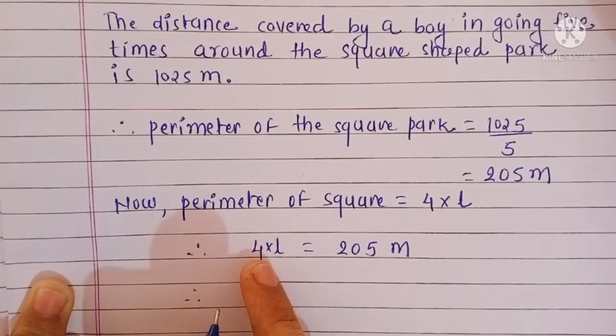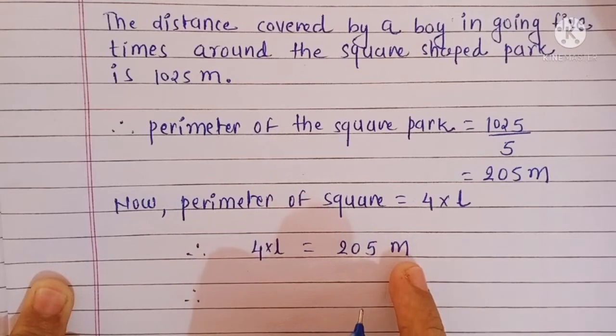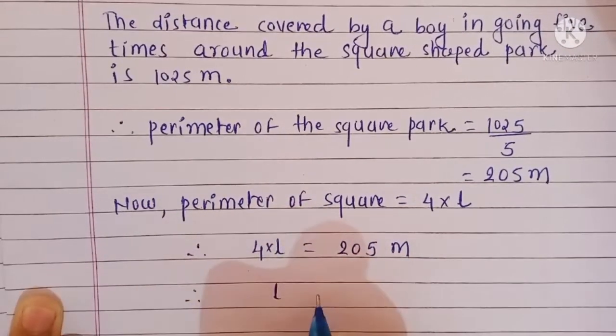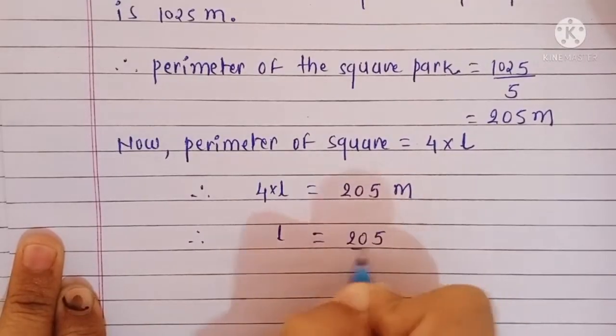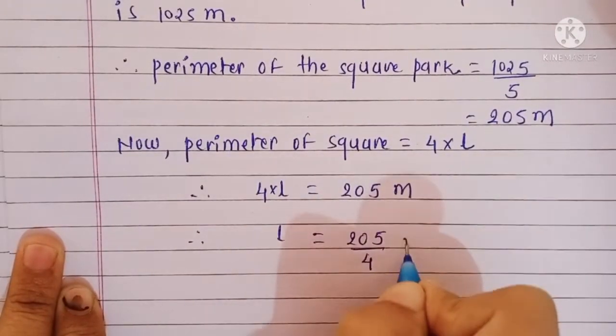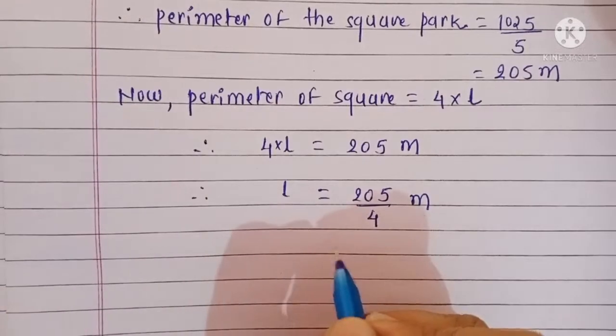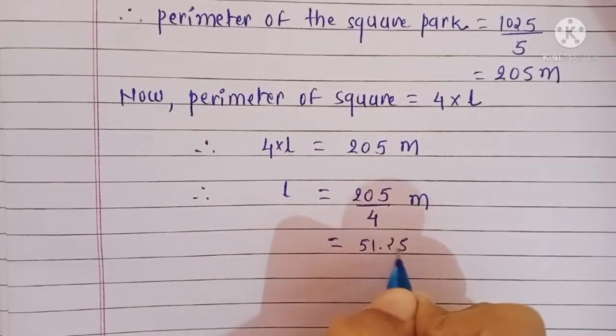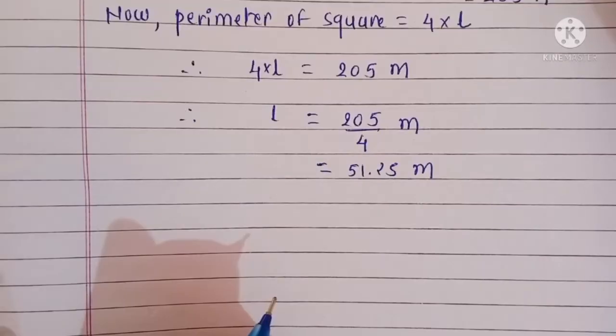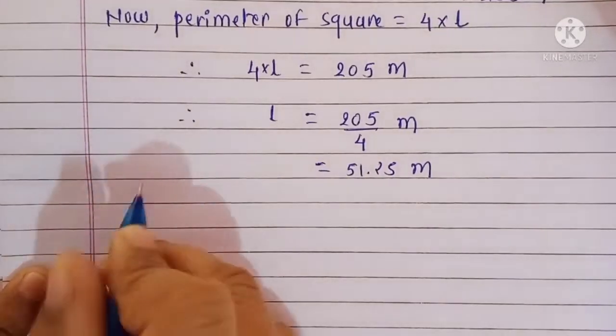Now we shift 4 to the right hand side. So we get 205 upon 4 meter. On dividing we get answer 51.25 meter.